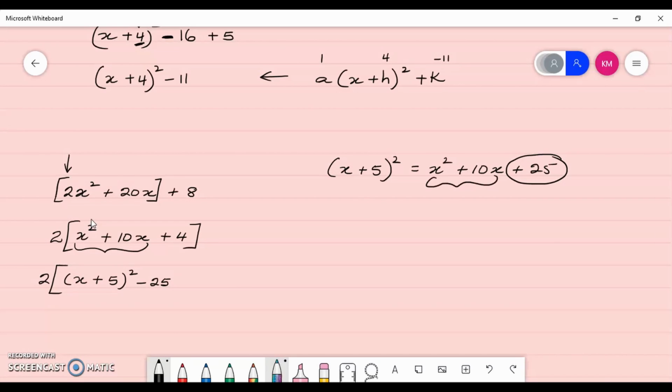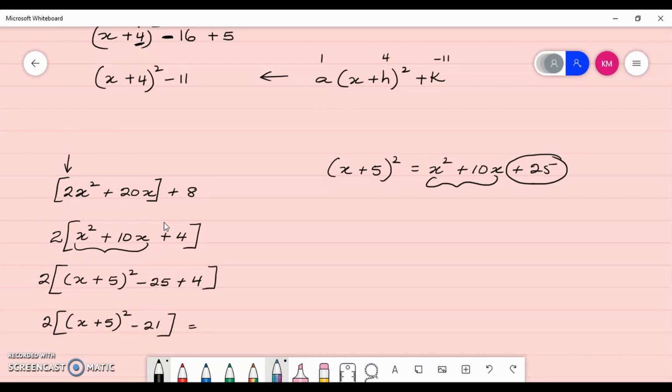So we have taken away 25 and now we put back our plus 4. We simplify, we leave that 2 outside there until the end. So we get x plus 5 squared negative 25 plus 4 is negative 21.